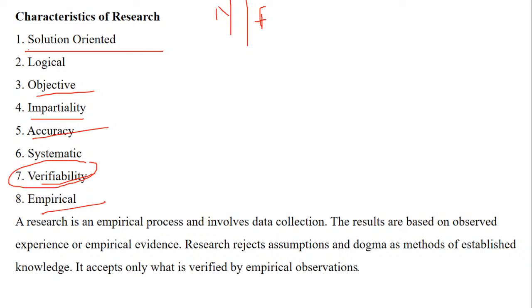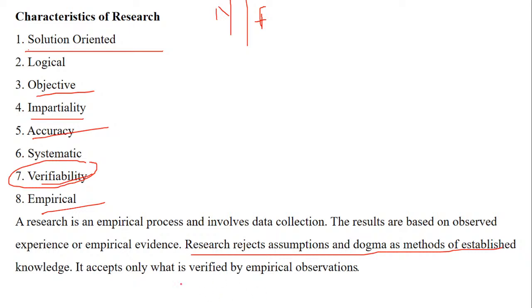So research is an empirical process that involves data. The results are based on observation, you can say, or statistical forms, whichever is involved. Research rejects assumptions and dogma as a method of established knowledge. So there is no scope for assumption at all in research.